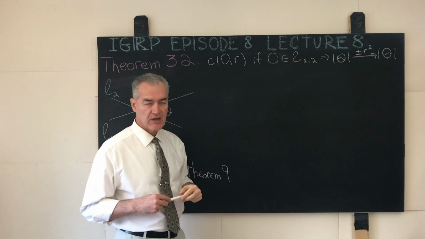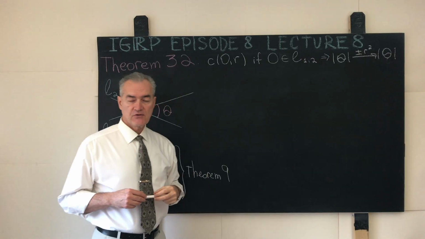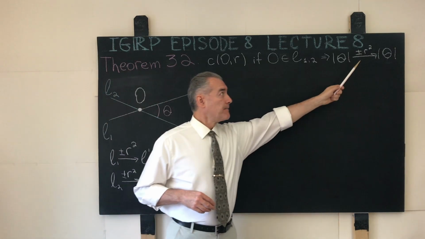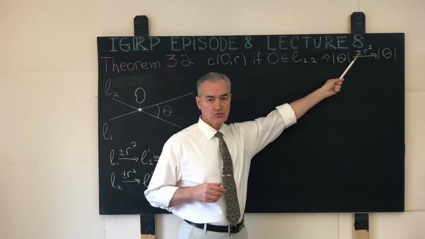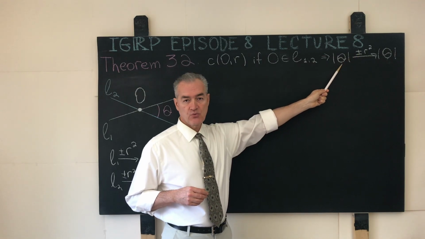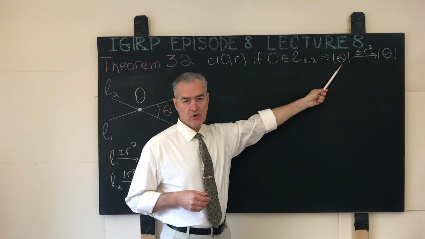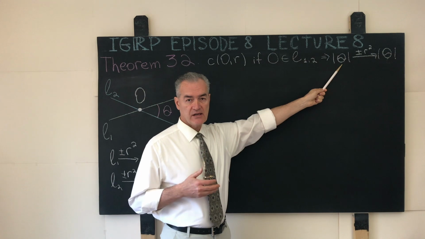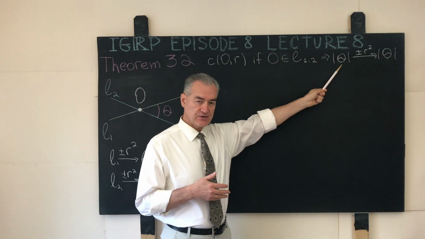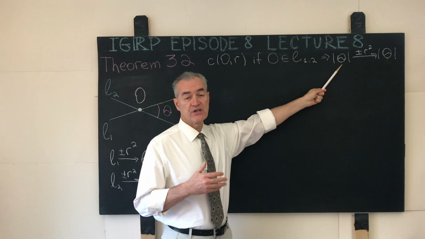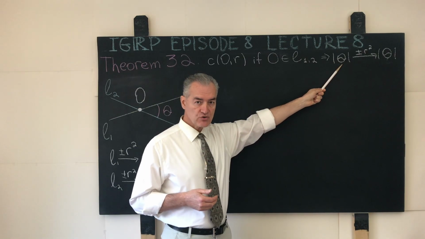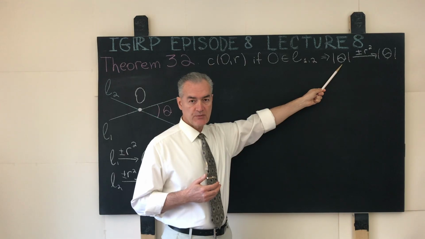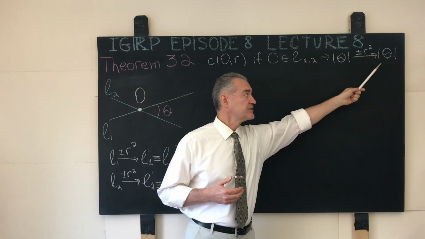So under this premise, under the inversion with both positive and negative power, the magnitude of the angle between the straight lines L1 and L2 is preserved. In other words, the angle between the pre-images and the angle between the images under the given inversion for the given objects will remain one and the same.